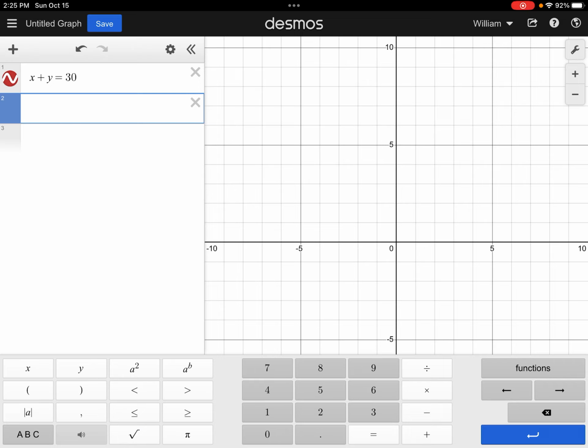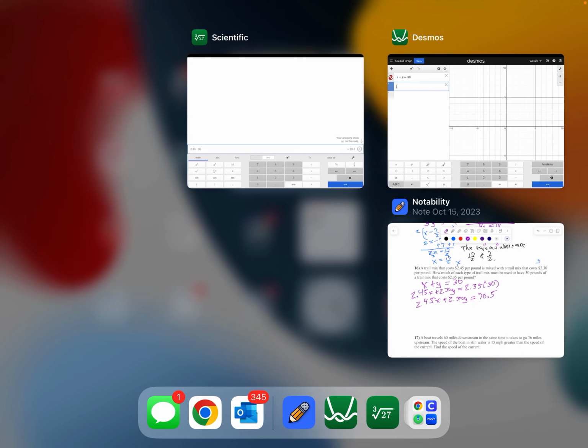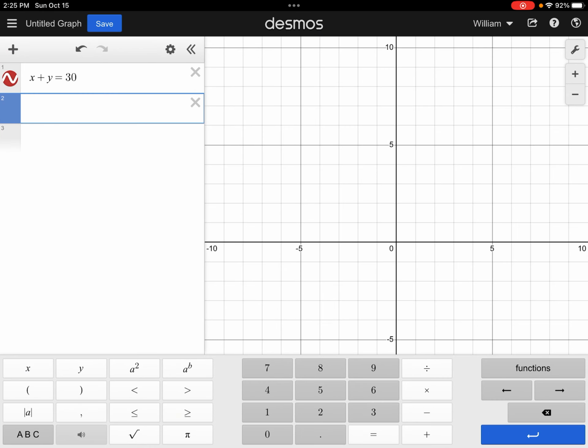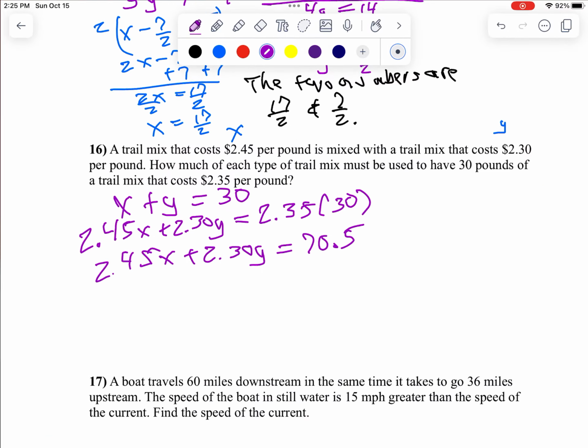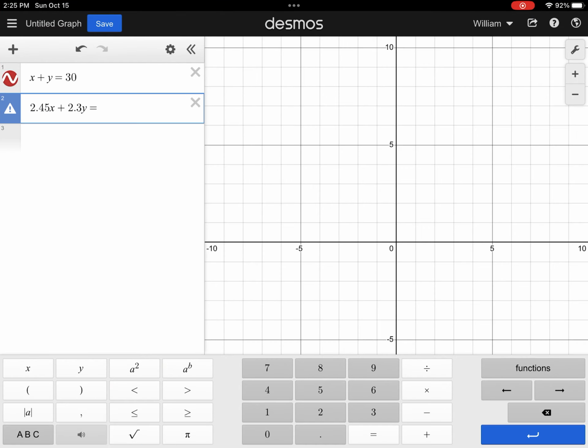And in my second equation, it'll be 2.45x plus 2.3y equals, I think we said, $70.50, so 70.5.